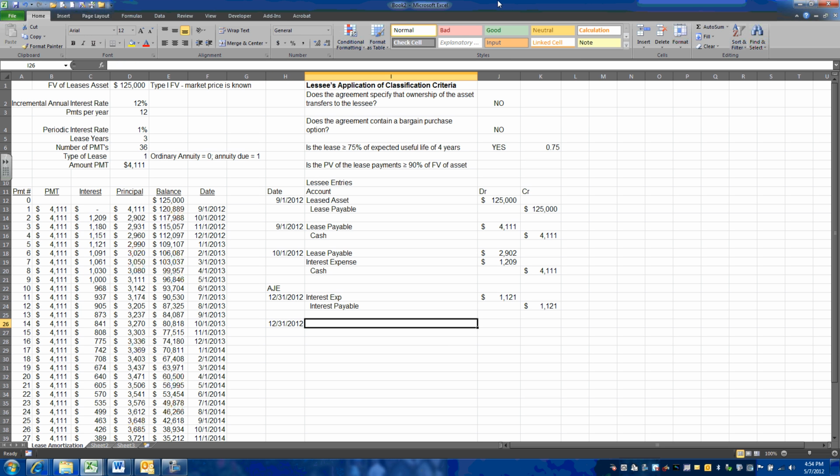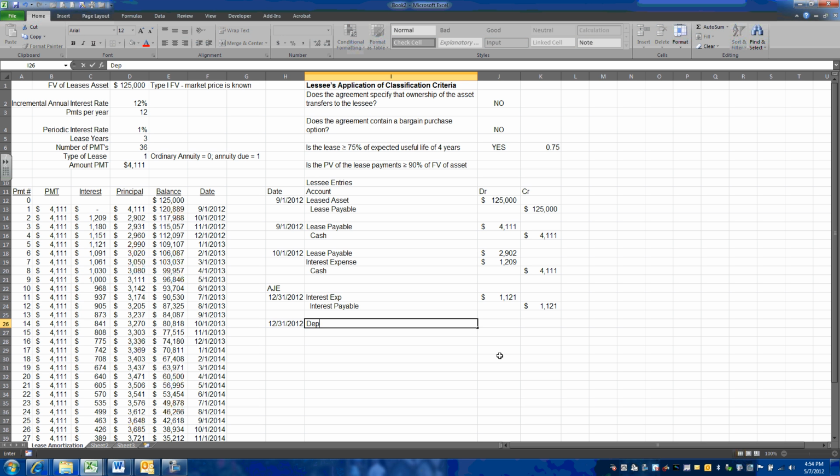Since the lease does not transfer the ownership of the asset to us, nor is there a bargain purchase option, we're going to depreciate or amortize this lease over the life of the lease, the 3 years.